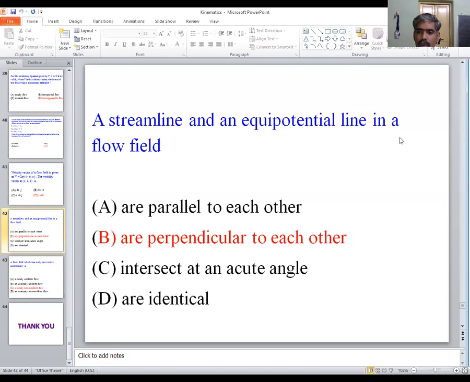Streamline and equipotential line in a flow field are either parallel, perpendicular, intersecting at an acute angle, or identical. I have a relation for a streamline and equipotential line in terms of u and v, relating the equipotential line and stream functions.